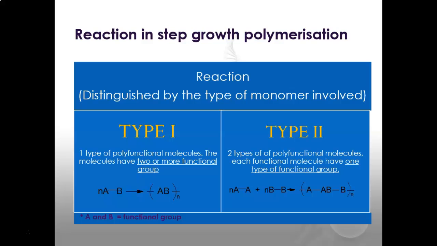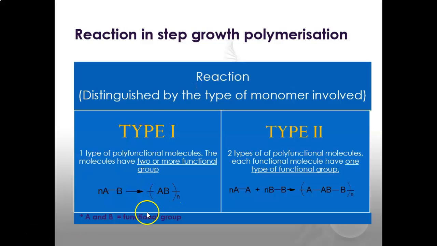Okay, now we look at the types of reaction in step growth polymerization. We have type 1 and type 2. So what are type 1 and type 2? Let's look at type 1 first. Type 1 is one type of polyfunctional molecule, and the molecule has two or more functional groups.